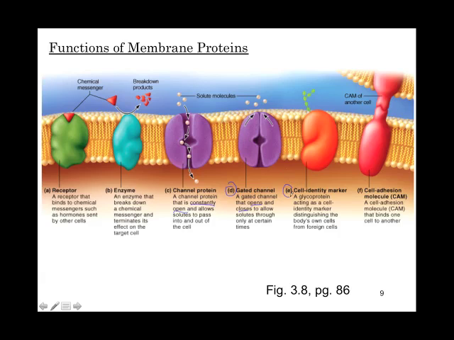As mentioned before, there is cellular identity. So we have those phospholipids and those glycoproteins that play a role in cell identity. And then we have what we call cell adhesion molecules. Most cells in the body are very closely packed together.